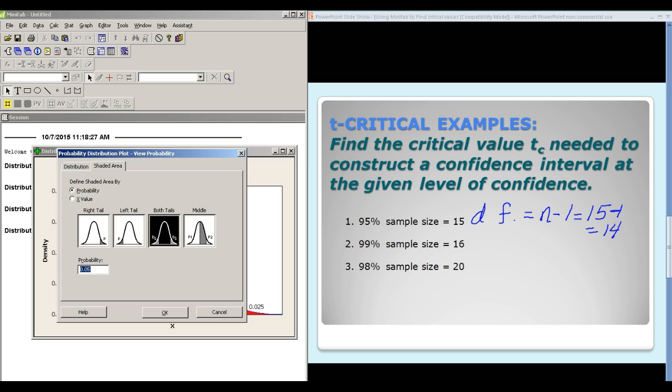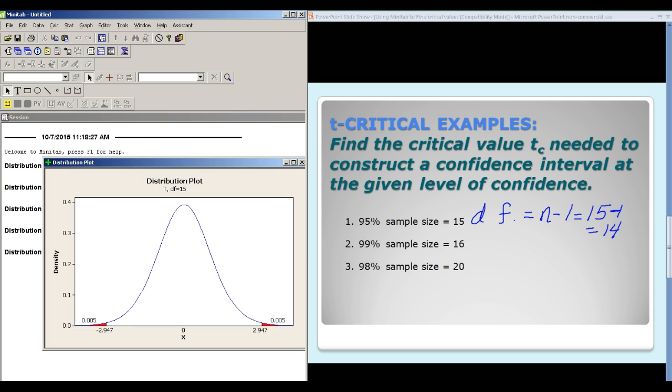So it's 99%. So it's 100% minus 99%. So it's 0.01. And I click OK. And there it is. I have a t-critical of 2.947. So let's do one more.